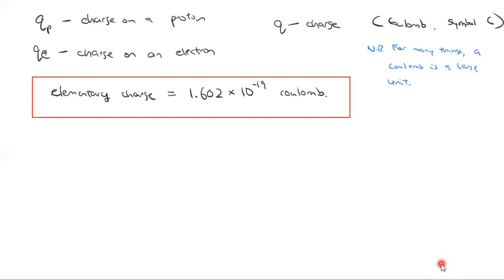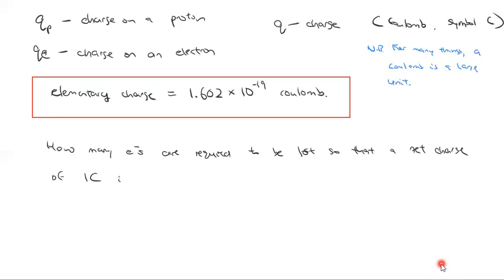So, as a result, let me ask a different question. How many electrons are required to be gained or lost so that a net charge of 1 Coulomb is gained?